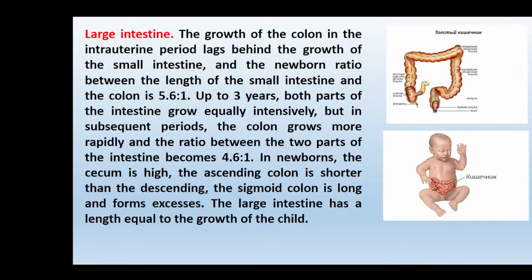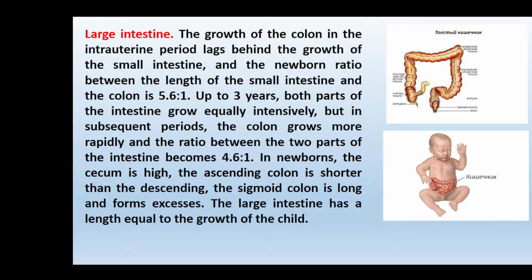Large intestines. The colon grows during the uterine period, beginning with the growth of the small intestines, and in the newborn the ratio between the length of small intestines and large intestines is 5.5 to 1.